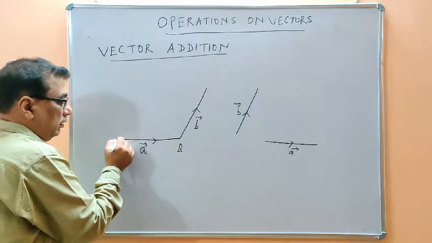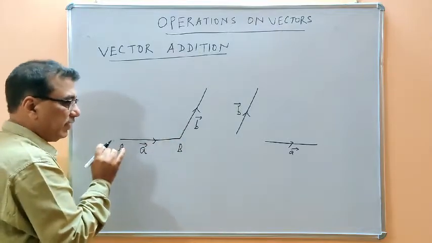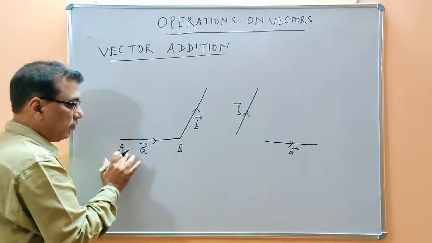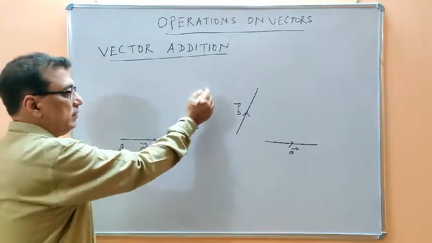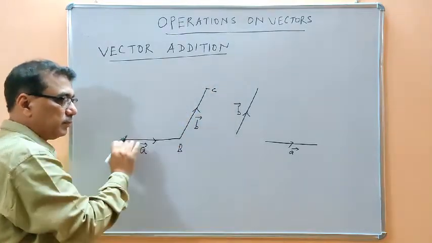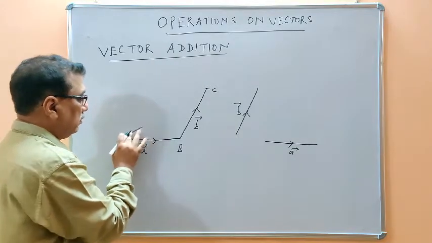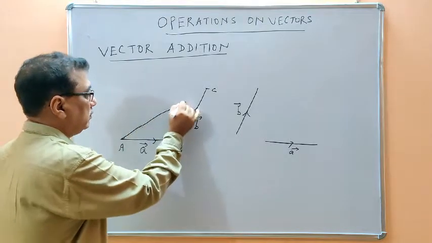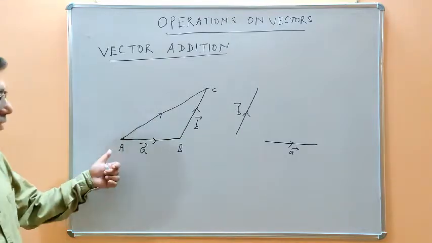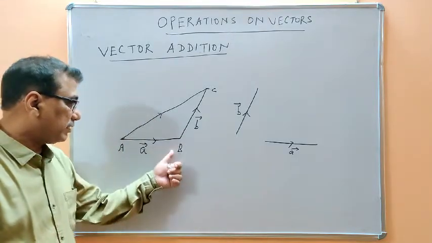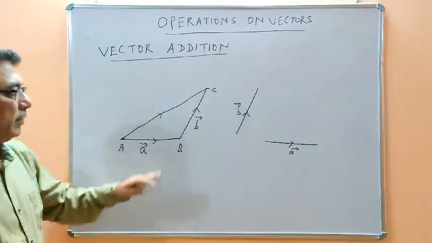Now, if we go through this diagram again, what we find here is that if a person is moving from A to B, that means one displacement, and again from B to C, another displacement because direction is concerned there, then the distance between A and C and in this direction, because this was the initial point of movement, the person is going in this direction and then he is going in this direction and then at C makes a stop.